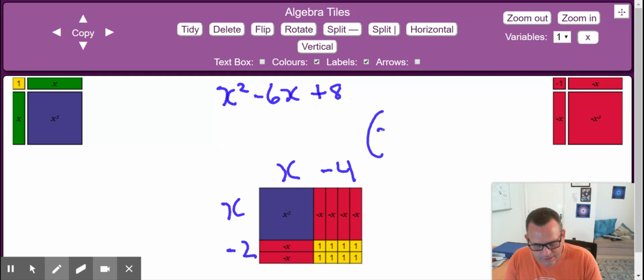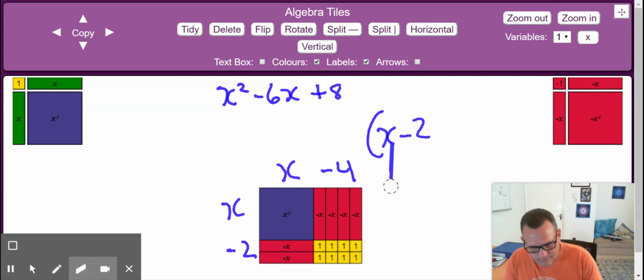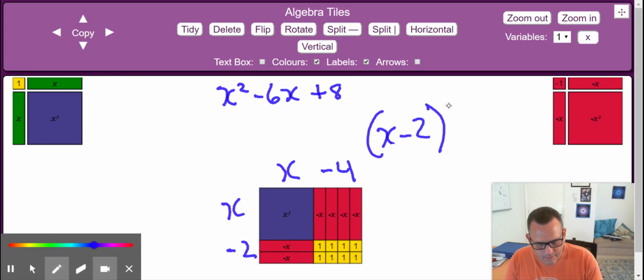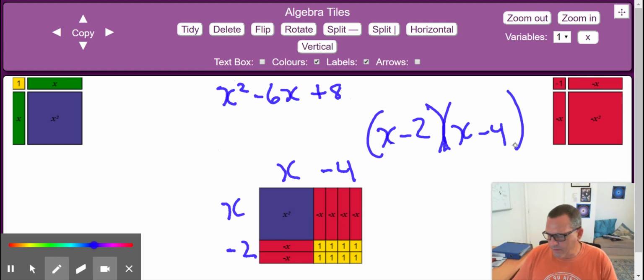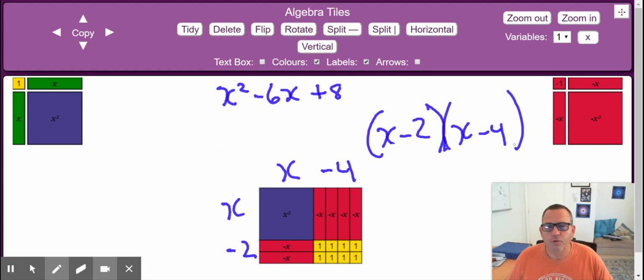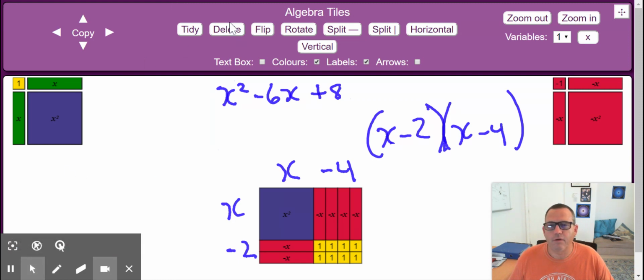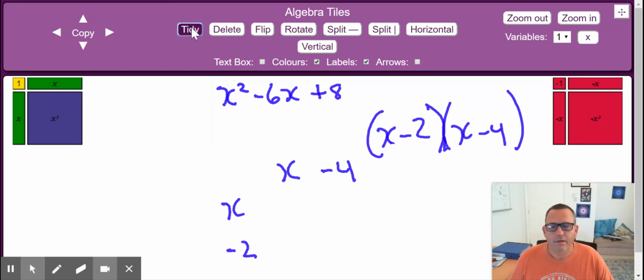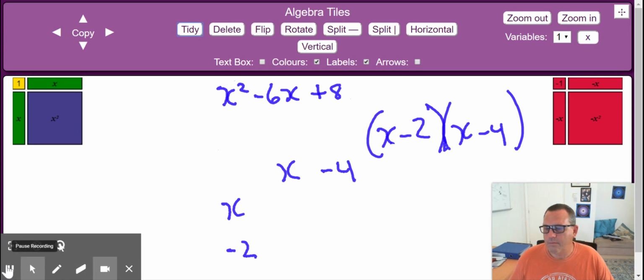So factorized, this is x minus 2 and x minus 4, which we probably could have got without the algebra tiles. This is a little bit fiddly. So we'll tidy this up and then look at a couple more examples real quick. And then I'm going to leave you with some to go ahead and do on your own.